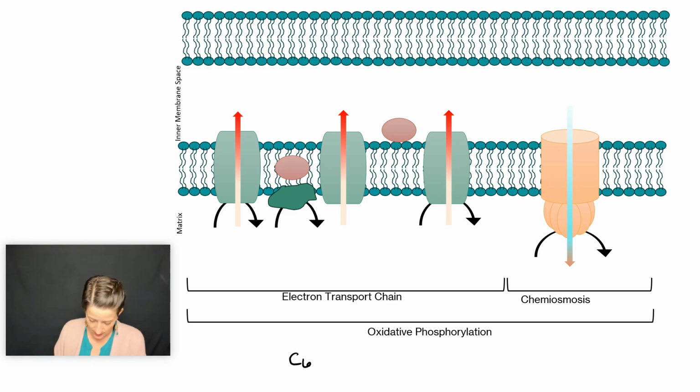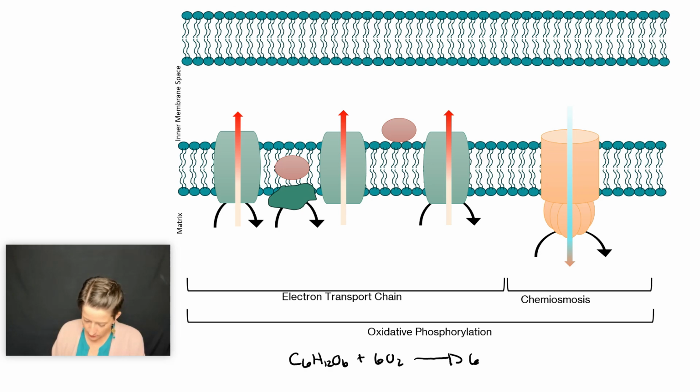So we're going to take our C6H12O6, glucose, fructose, galactose, but glucose. We need to react it with oxygen. We have not actually seen oxygen take place yet, but because we're in the mitochondria, that means we are under aerobic conditions. This is where oxygen comes in.